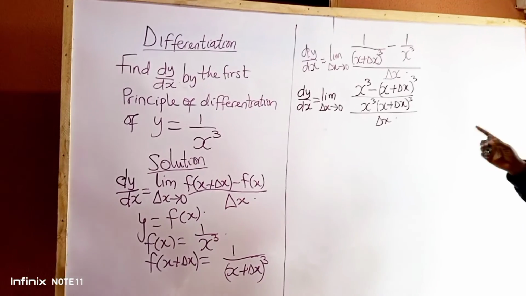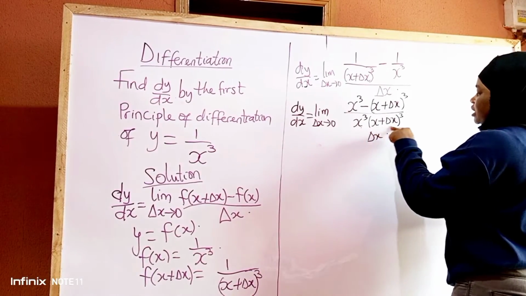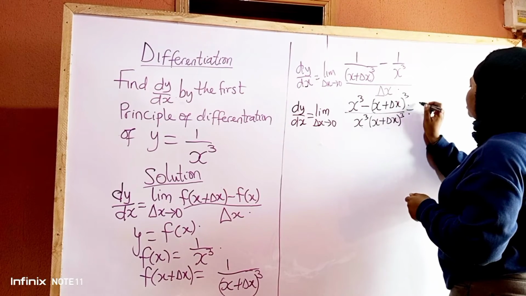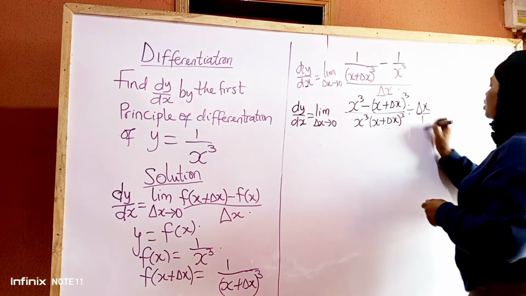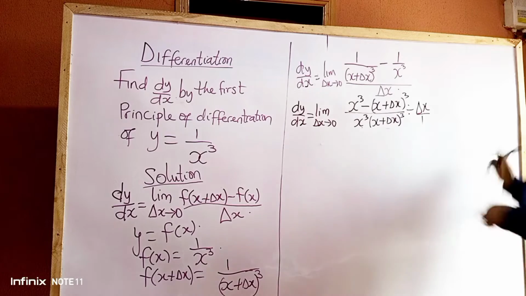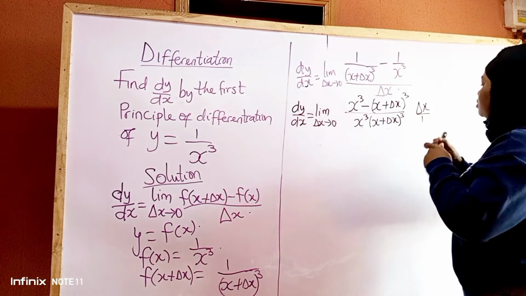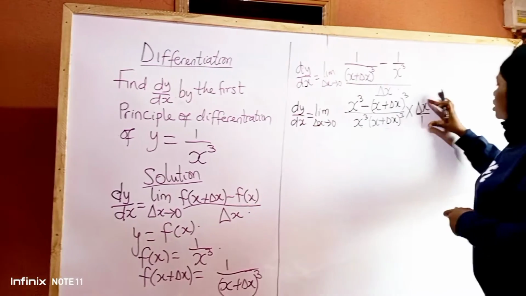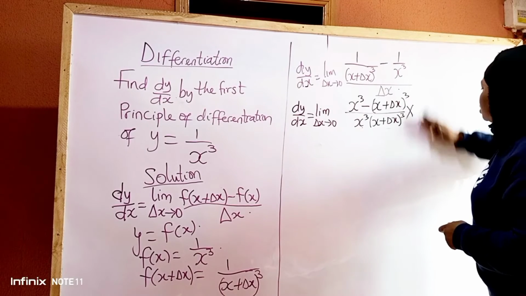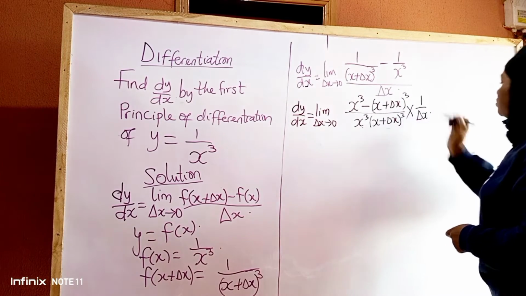So there's one thing I want you to understand here, that this over change in x is the same thing as if I say that everything is divided by change in x over 1. Since I'm dealing with fractions, I can change this division sign to multiplication. Then this change in x divided by 1 is going to somersault. So I have 1 over change in x.